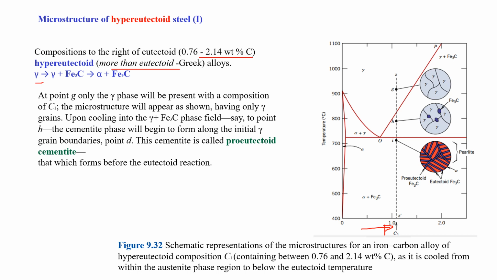For the hypereutectoid steel, three transformations will occur. One, the gamma will be transformed into gamma plus iron carbide, and then it will be further transformed into pearlite plus the proeutectoid iron carbide.